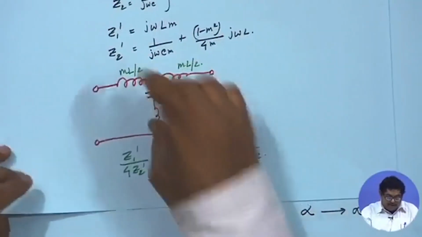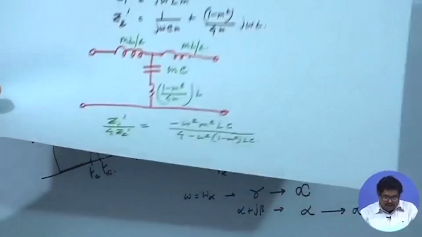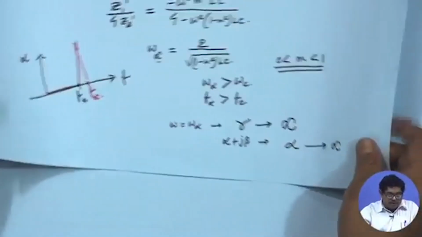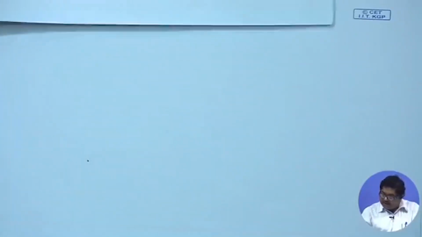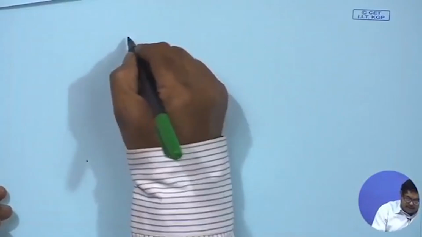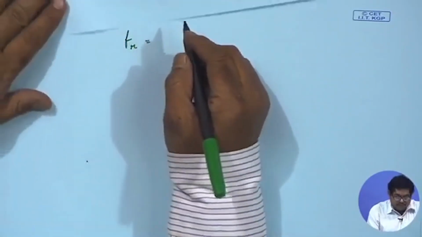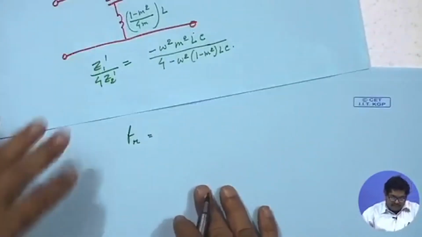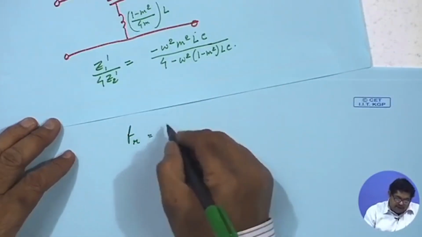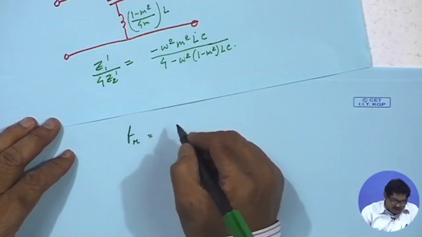So, it becomes a resonance circuit. Let us check whether it is physically correct or not. So, we know that if we have a series circuit like this, what will be the resonant frequency? f resonant for that, f r is equal to what?